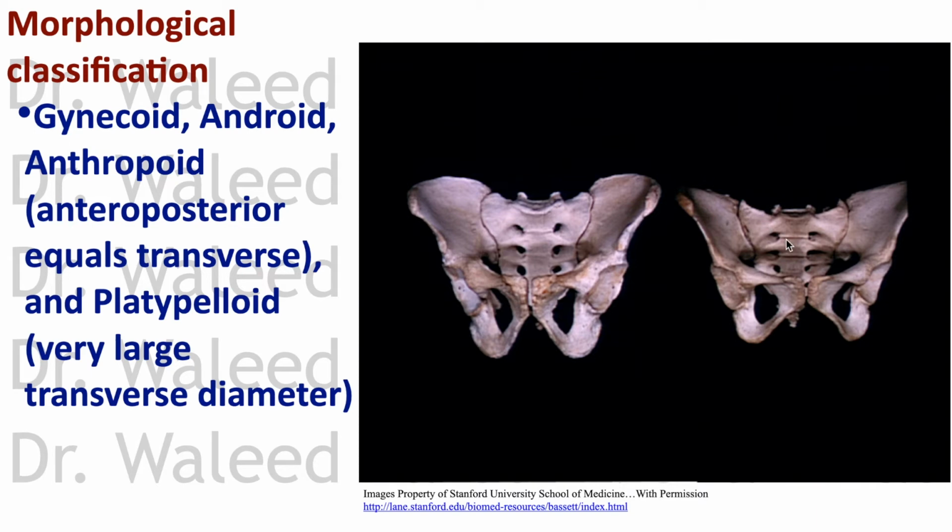There are exaggerated pelvises from those, like the anthropoid, for example, which has a transverse diameter equal to its anteroposterior. It's a complete circle. And the platypeloid, which has a much larger transverse diameter.